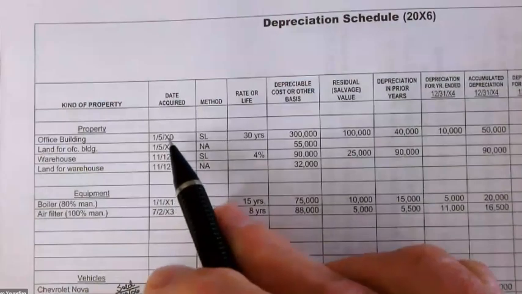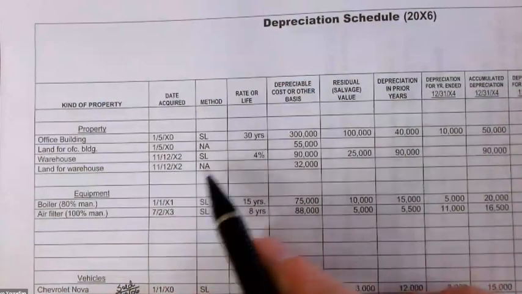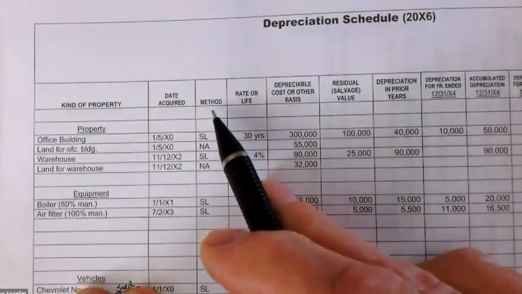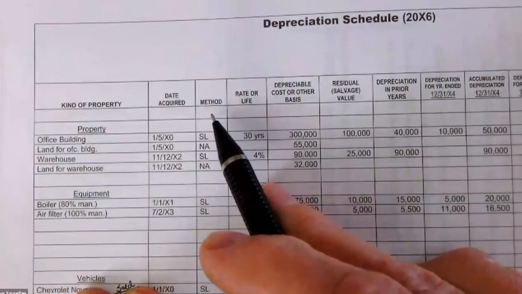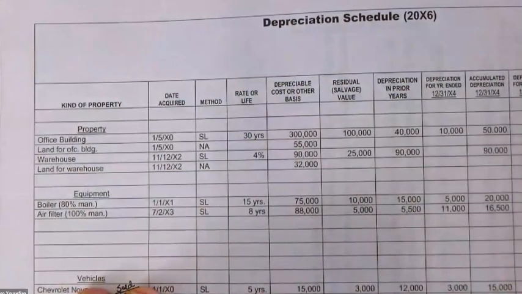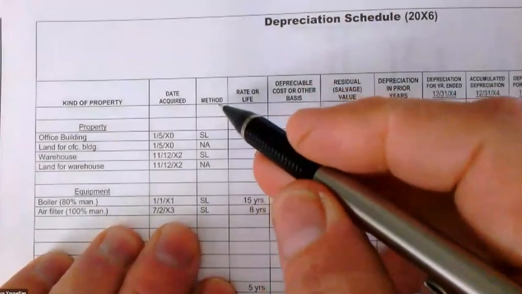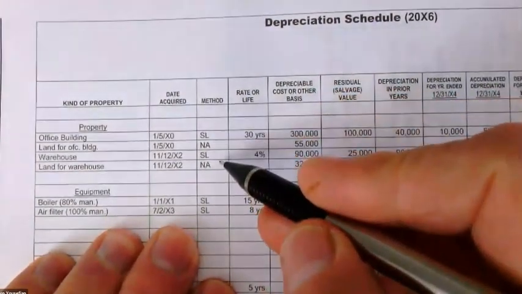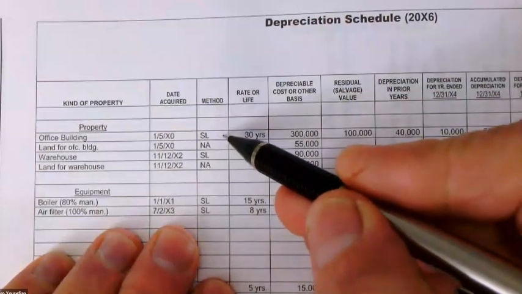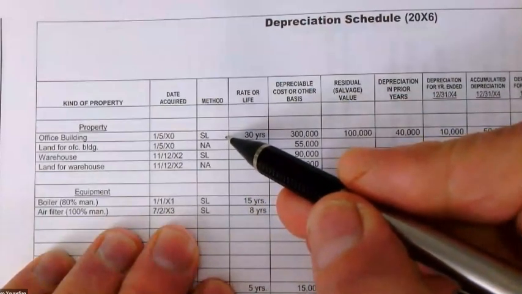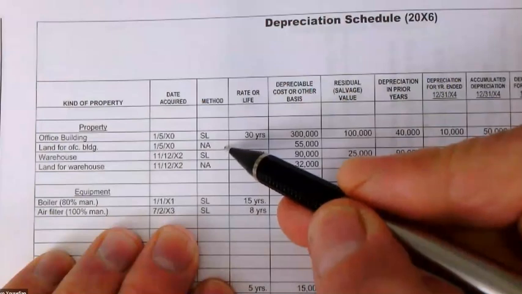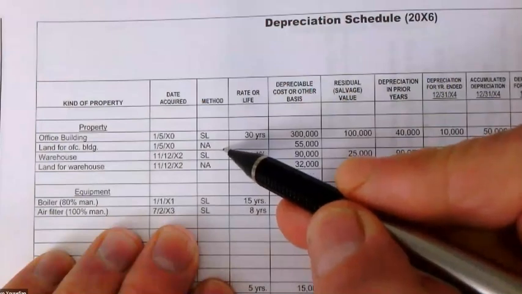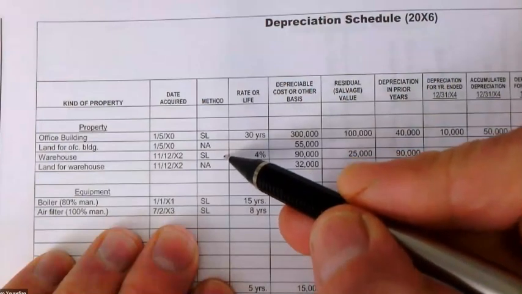And you have the date of purchase and the method of depreciation that you are using. Let's say for the office, you are using straight line. For land, you never use anything, so it's not applicable. For the warehouse, again, you use straight line.